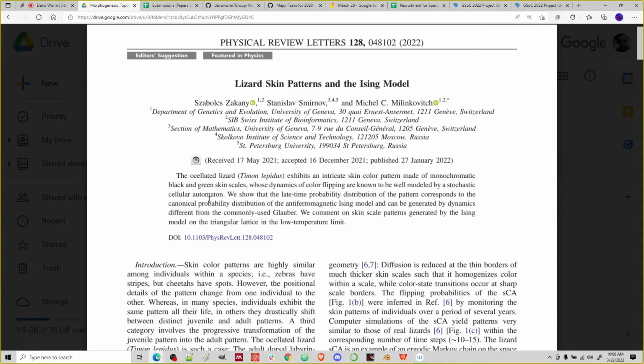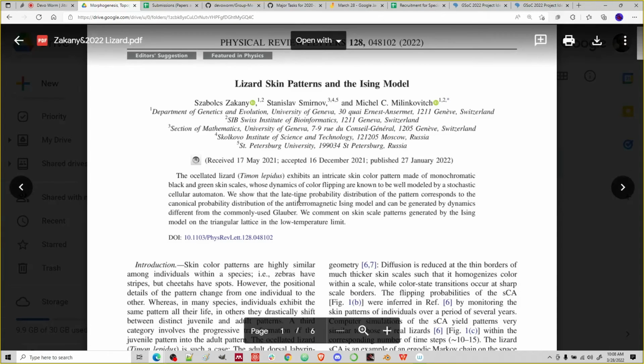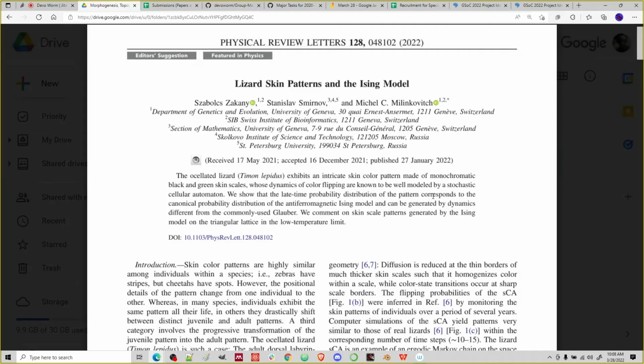Here we're applying it to a cellular automaton where you're making a decision about what color a scale should be, and this is happening in parallel, so that the scales have different patterns. We show that the wait time probability distribution of the pattern corresponds to the canonical probability distribution of the Ising model and can be generated by dynamics different from the commonly used Glauber model.